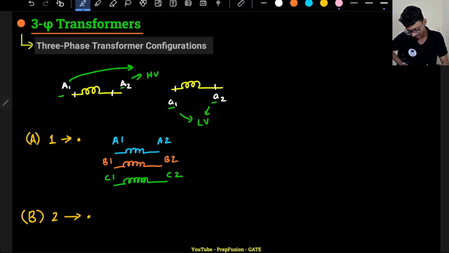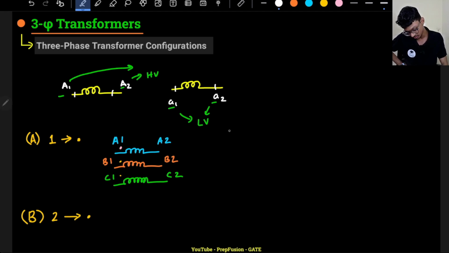Now if I know that 1 is with dot, if in any one of the windings I see a dot with 1, that means with all the rest of the windings also 1 will be present with dot only. And in the low voltage winding as well, 1 will be present with dot only. Don't confuse yourself, 1 will be present with dot only.